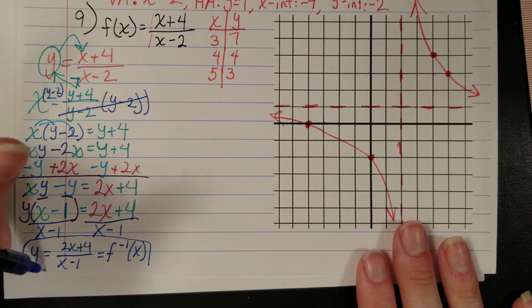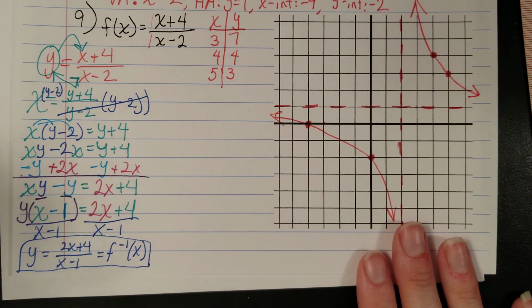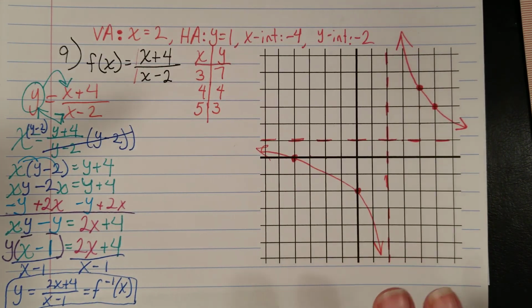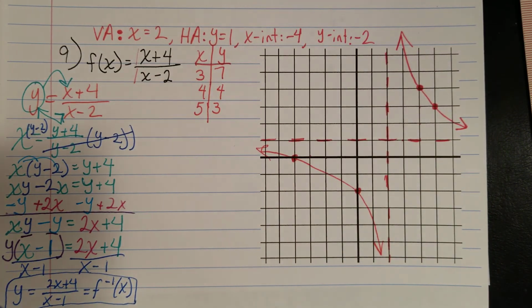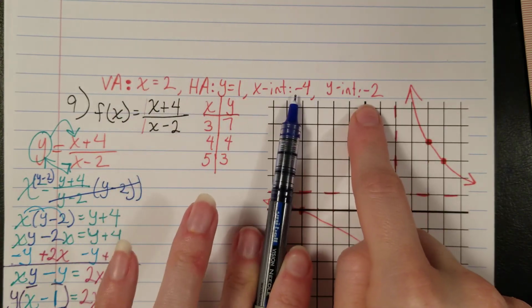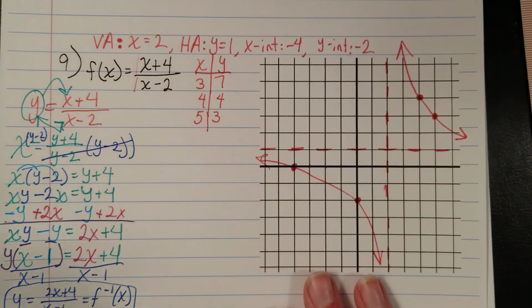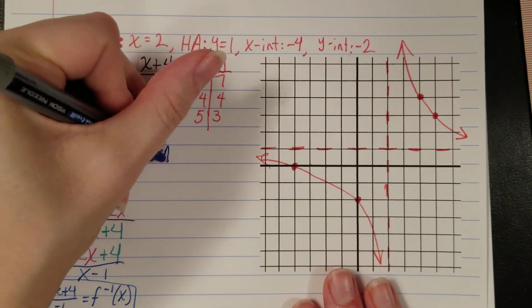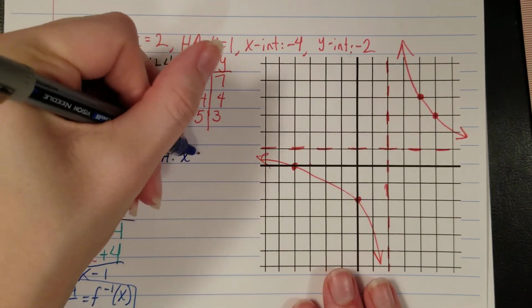So basically, to graph that, all I have to do is just everything from the original, just switch everything. I could just go through all the same steps, but just switch everything. So like switch the vertical and the horizontal, switch the x and y intercept. So for the inverse function, you're going to have a vertical asymptote at x equals 1.